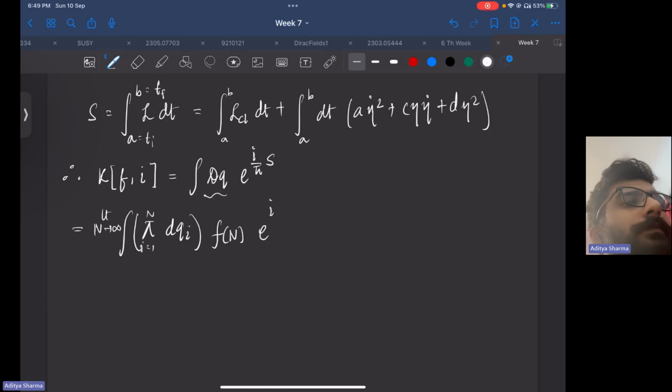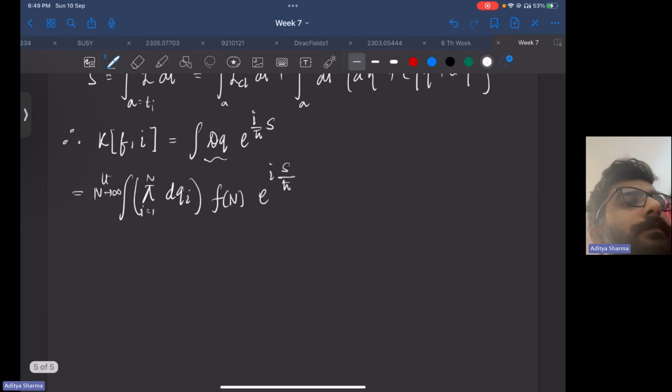And you have e to the power i S over ħ. Now, what you're doing is going from q classical to q_i, which is equal to q classical_i plus η.